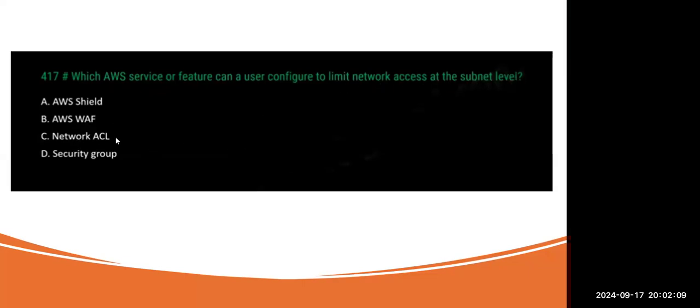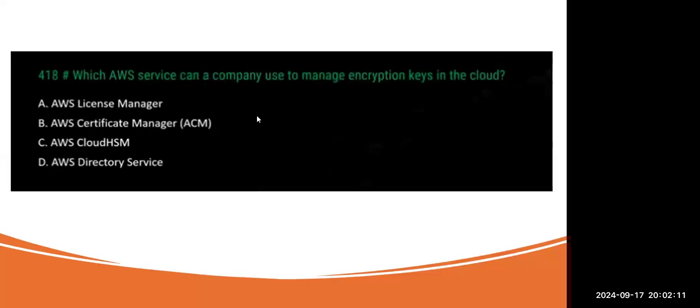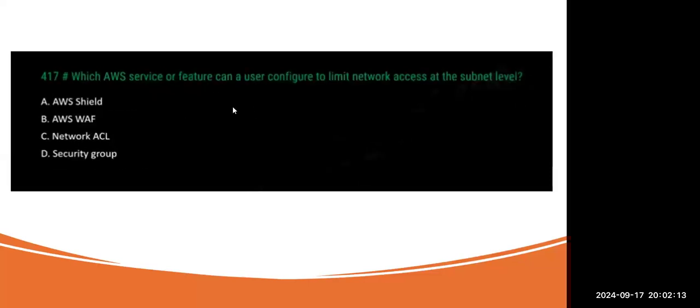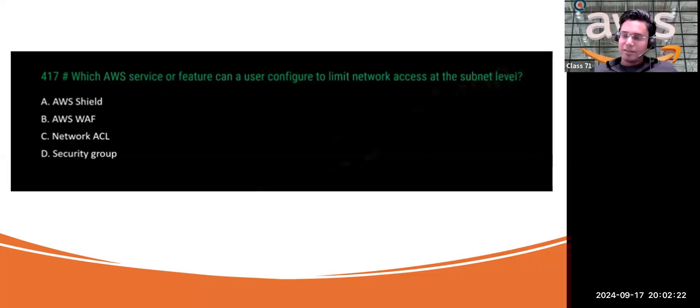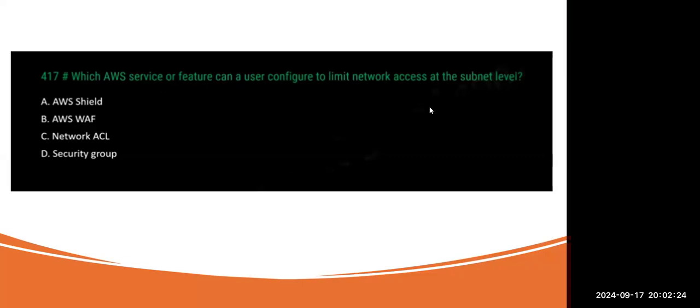Okay, network ACL. On the outside, the entire virtual private cloud would be the network firewall. Inside of your network cloud, you can have 2, 3, 50 subnets. If you look at the subnet, then you would set up your network access NACL.